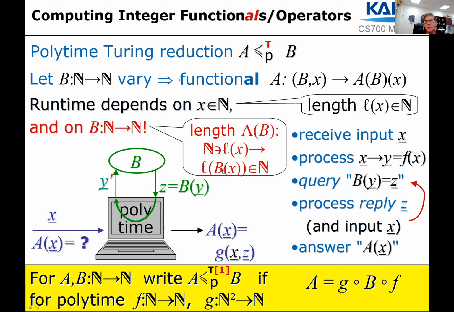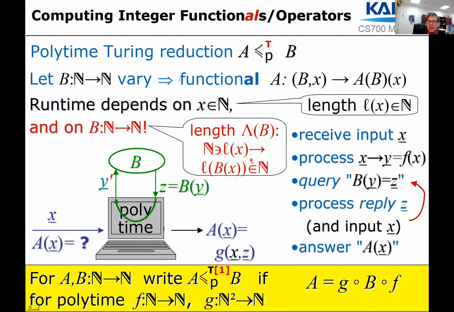Okay, and we want to be able to talk about such running times. What does it mean for such a computation to be a polynomial time computation when the running time depends not only on the binary length of the input, but also on an integer function as a higher type object.